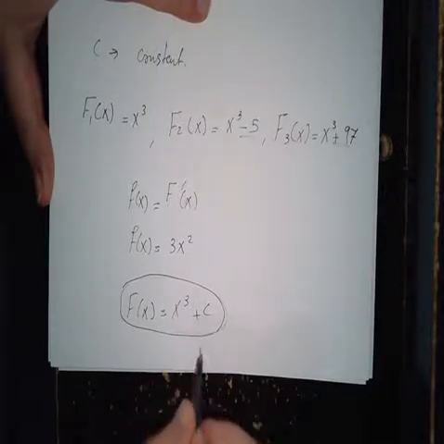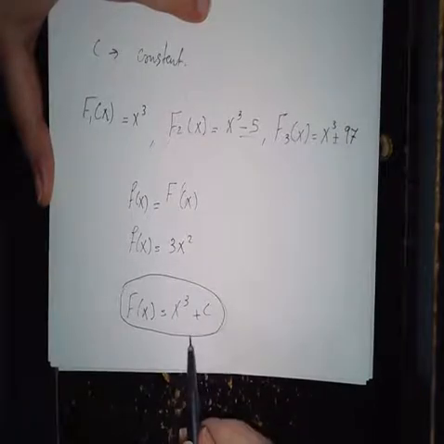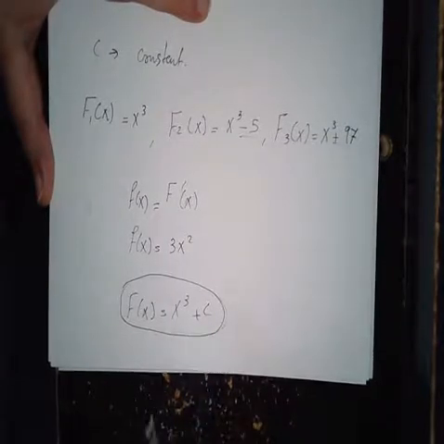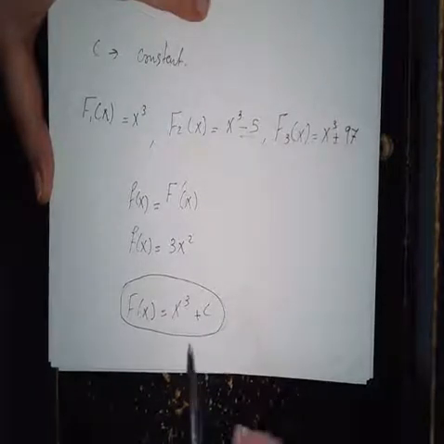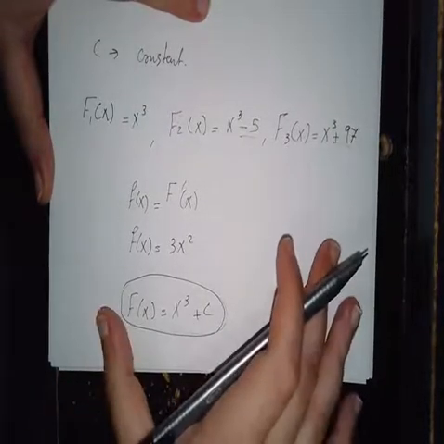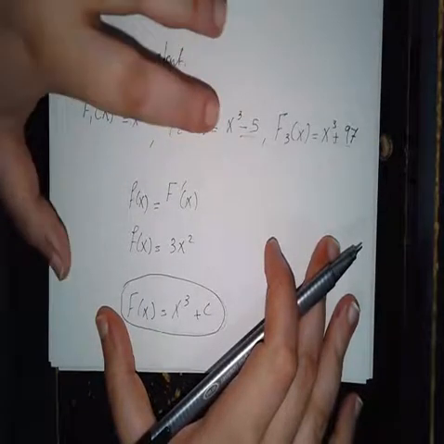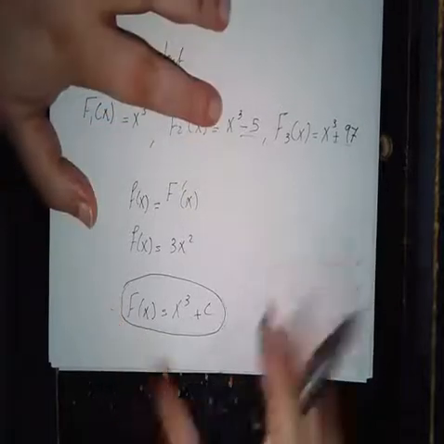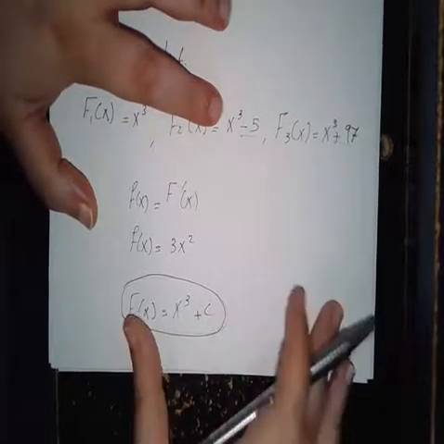The c is the part you need to remember. It's conceptual. You just need to remember that there could possibly be a number, and that's why you always write down plus c. As long as you're finding an antiderivative value or solving an indefinite integral, which are the same thing, then you need to write down plus c every time. Okay?